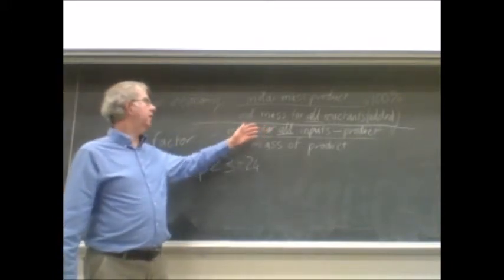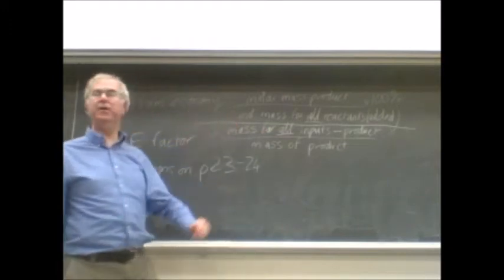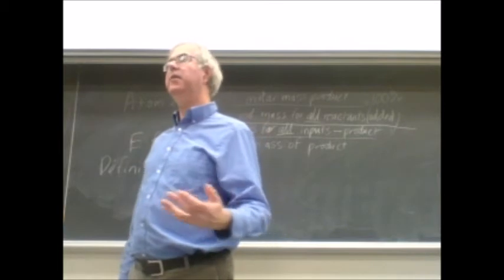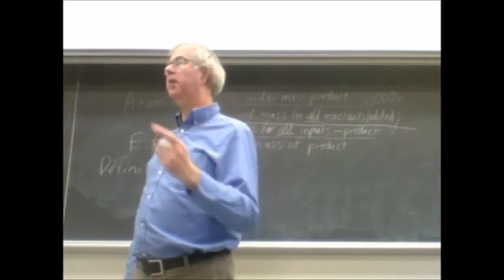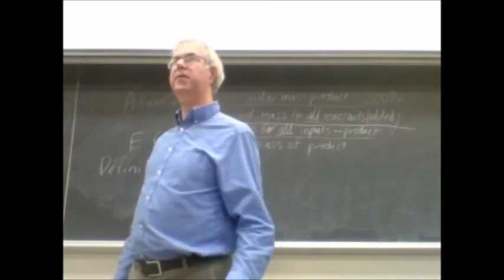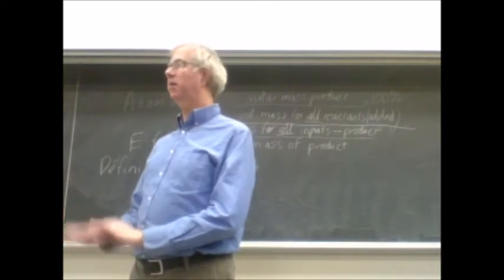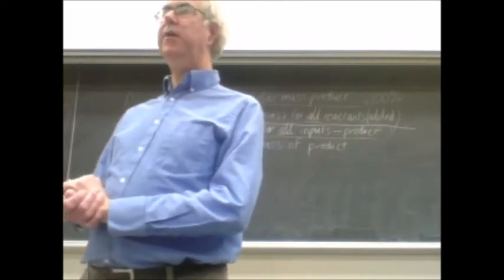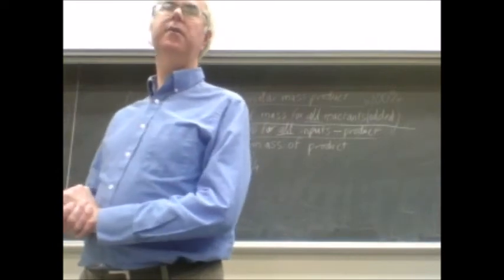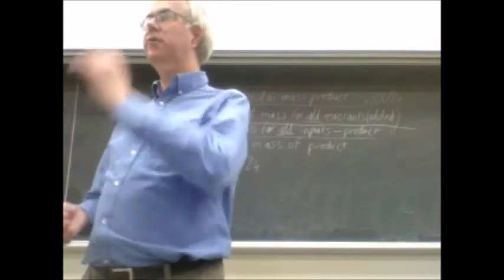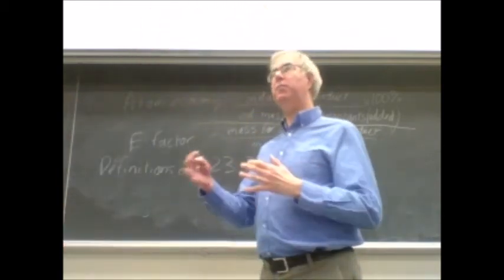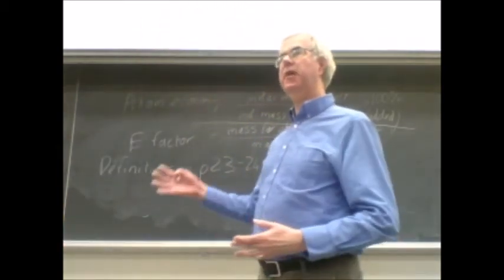Really, E factor is the mass of the waste divided by the mass of the product. Actually, you can have an E factor less than 1, thinking about it, sorry. But usually it's more than 1 in most reactions. We don't normally weigh the waste directly.